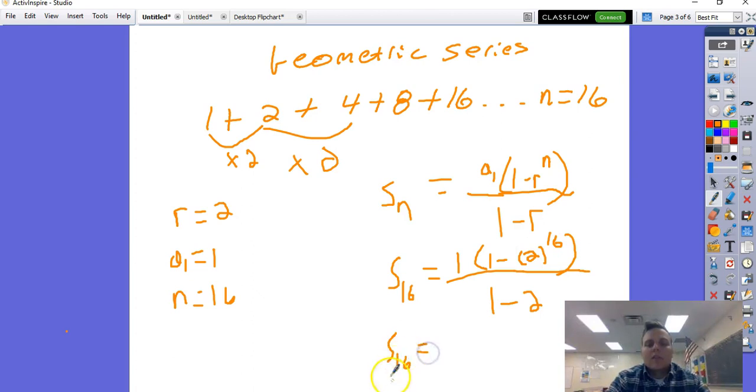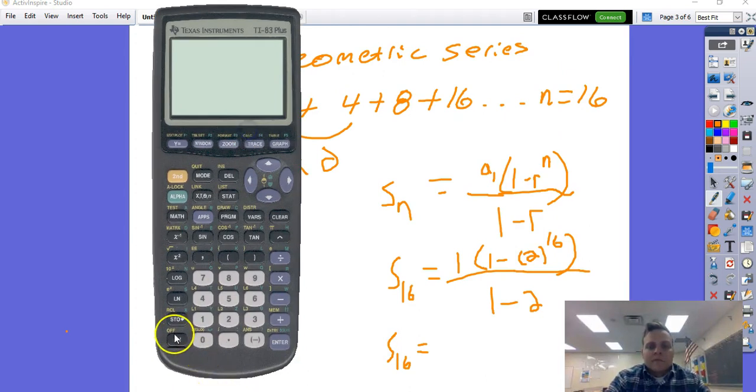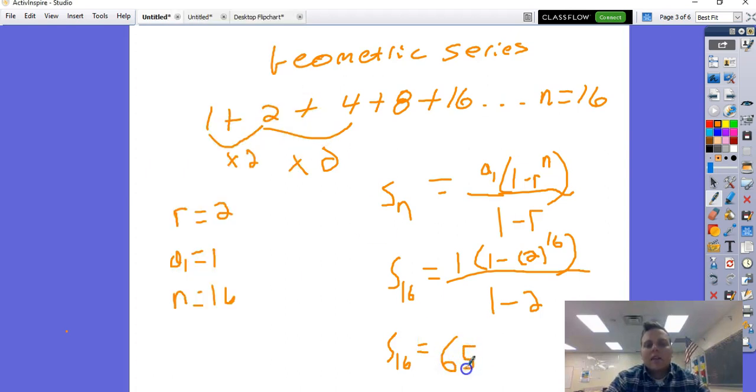The sum of the first 16 terms is 1 times 1 minus 2 raised to the 16th power, divided by 1 minus 2, and make sure you put the denominator in parentheses. You get 65,535. Okay, next problem.